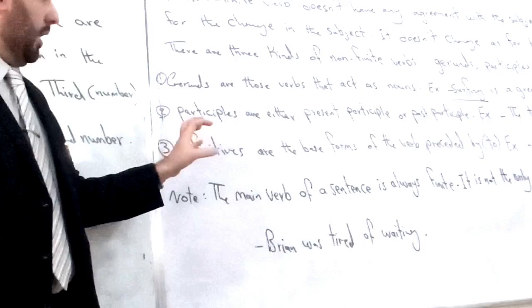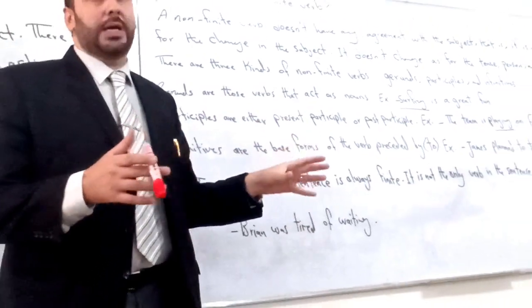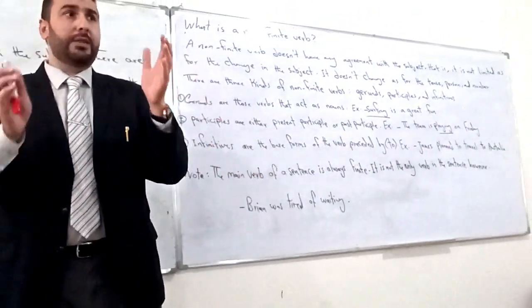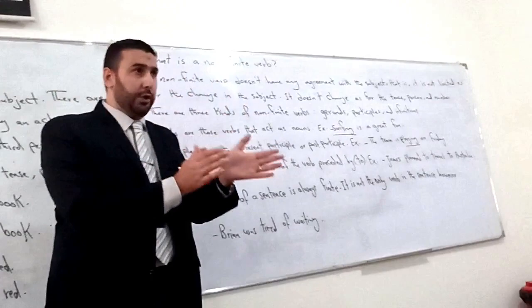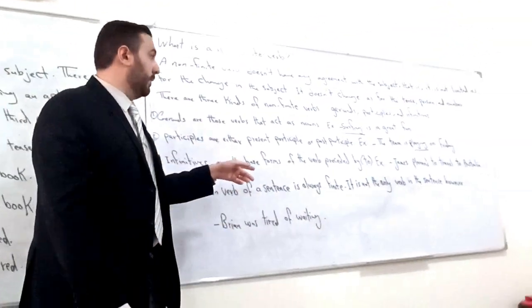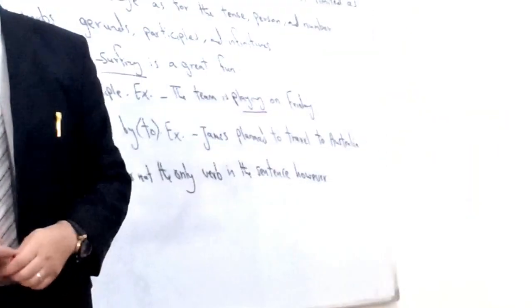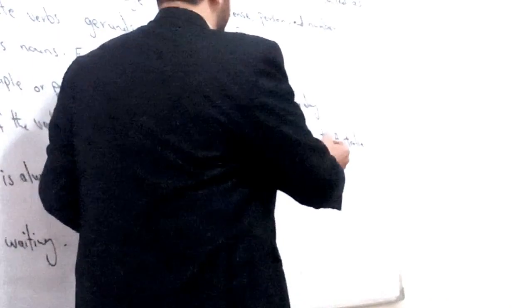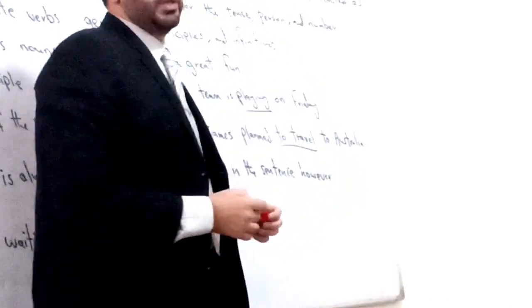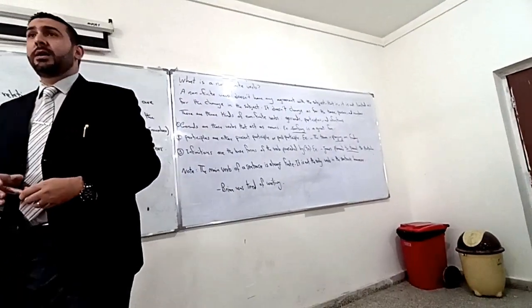And the third kind, we have infinitives. Infinitives are the base forms of the verb preceded by to. We call it the to infinitive. So when the verb is preceded by to, it is called a to infinitive. For example, James planned to travel to Australia. Here, to travel is the infinitive, and it is a non-finite verb.